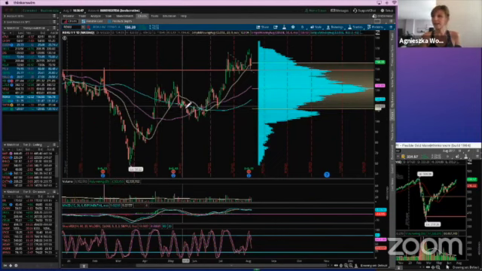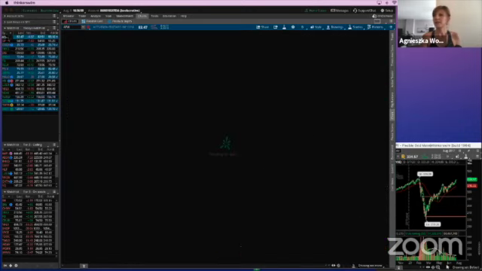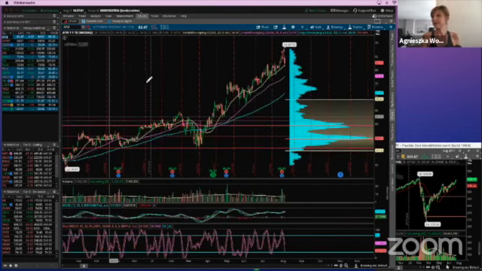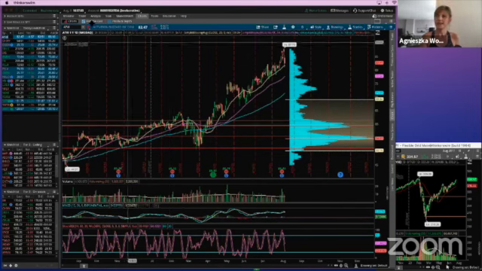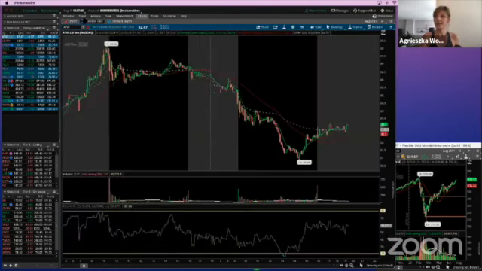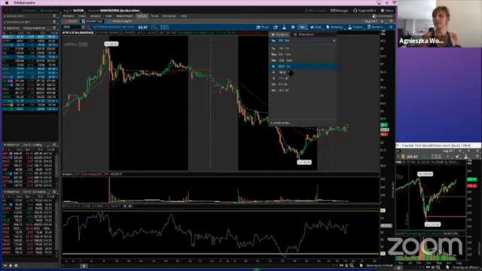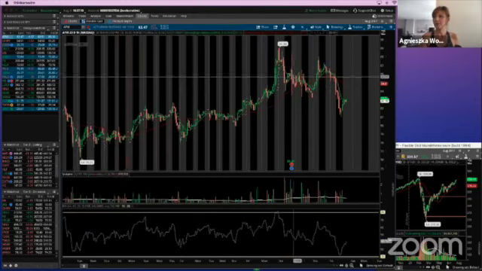Like here, this was to the upside and down. Probably somewhere here is where it would be resistance. And you just go this way and mark your support and resistance lines. And if your charts are set up properly, then it should copy into your intraday.